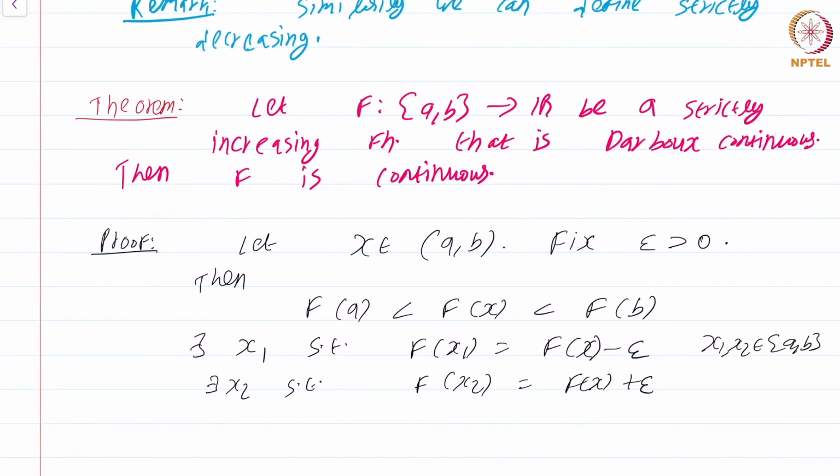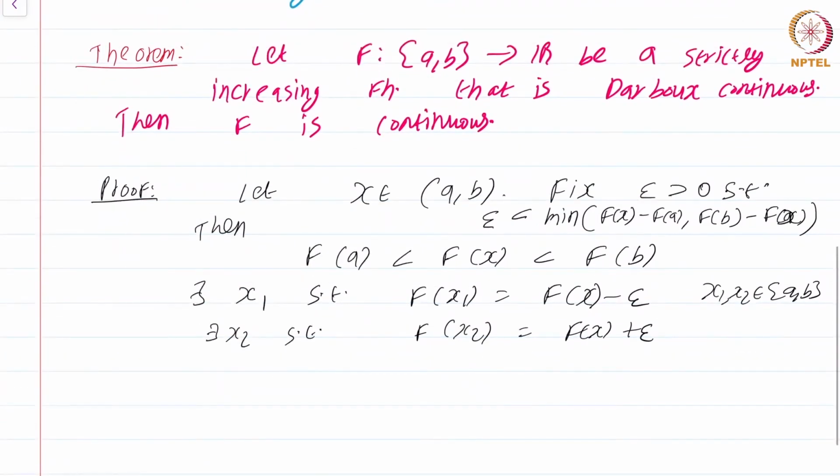Okay, so fix epsilon greater than 0 such that epsilon is less than the minimum of f of x minus f of a, and f of b minus f of x.